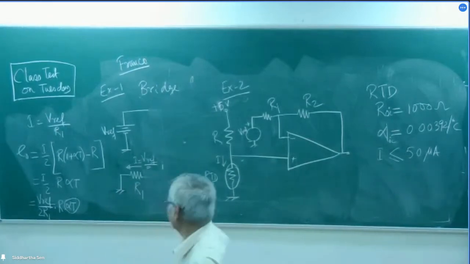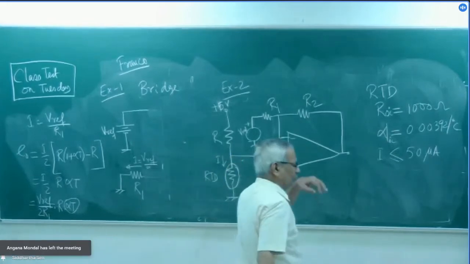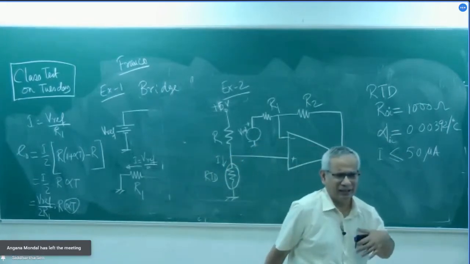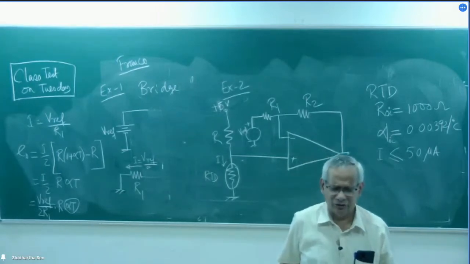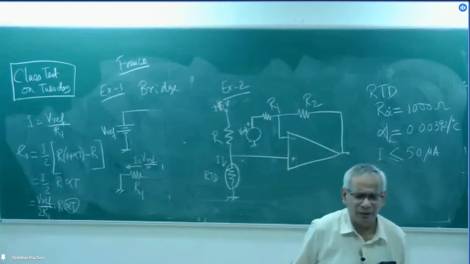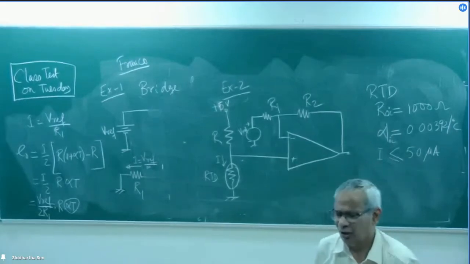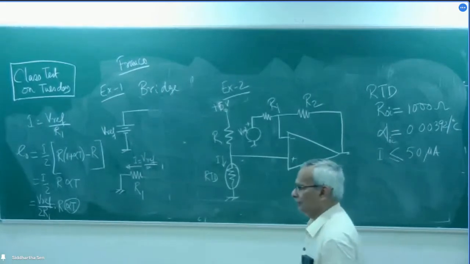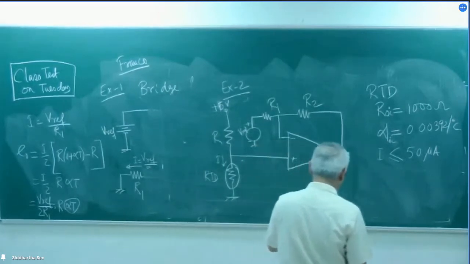So always for protection we keep it, because for any resistance or element like this, we say 100 ohm 1 watt or 100 ohm 10 watt. This power constraint is always given, or we can put it in terms of the maximum current it can take.